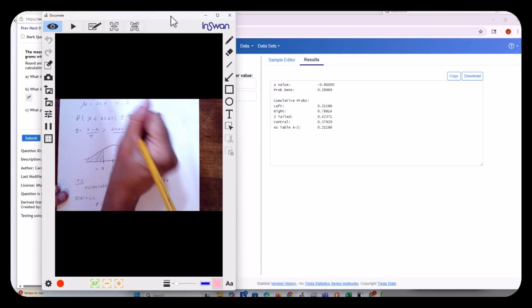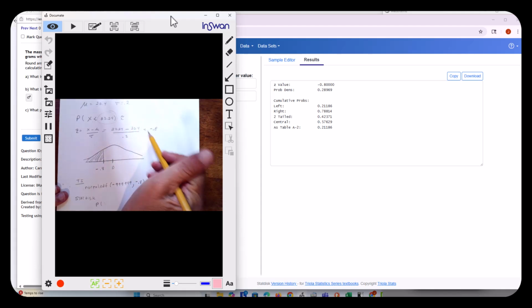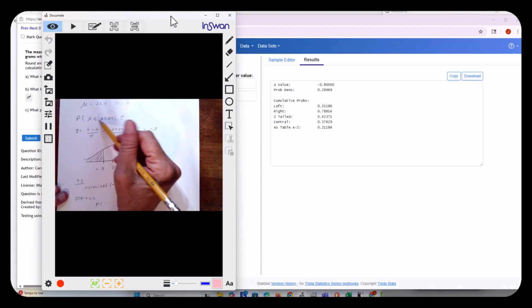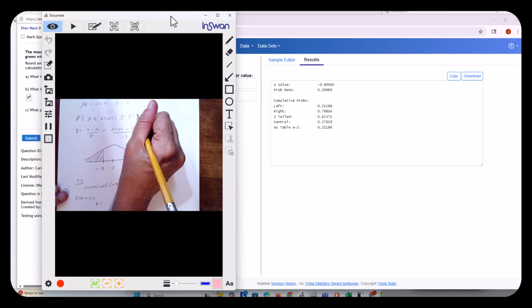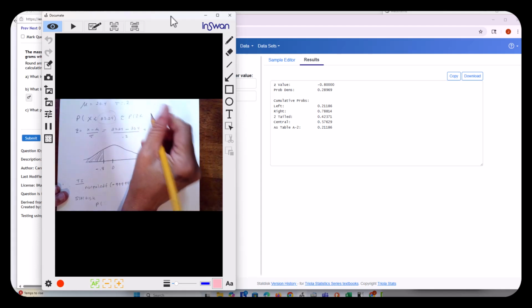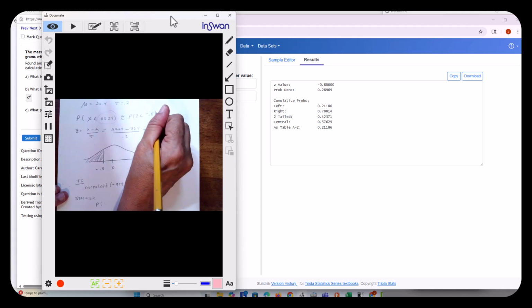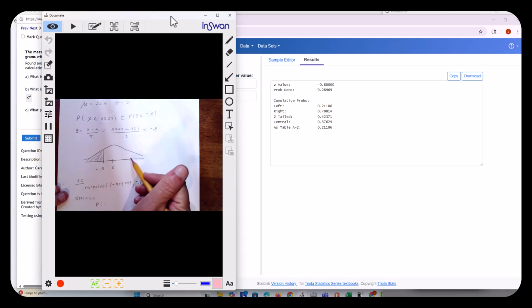Once you calculate your z-score, the next thing that you're supposed to do is write that the probability that X is less than 20.24 is going to be approximately the same as the probability that Z is less than negative 0.8. Okay, so I should have written that down before I did this. So the probability that Z is less than negative 0.8, according to StatDisk, to the left, is 0.21186. Exactly the same thing I got on the TI.